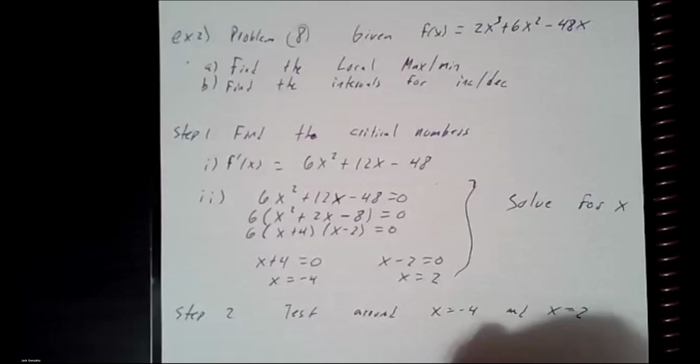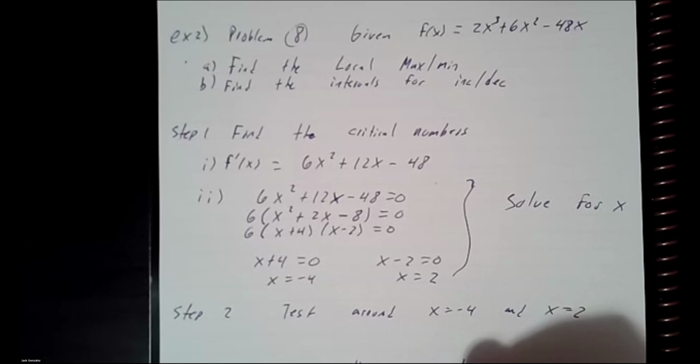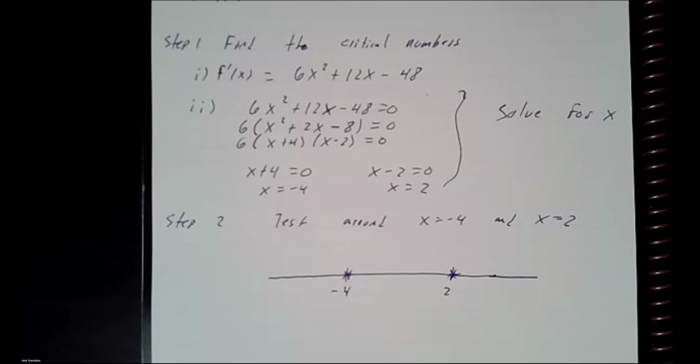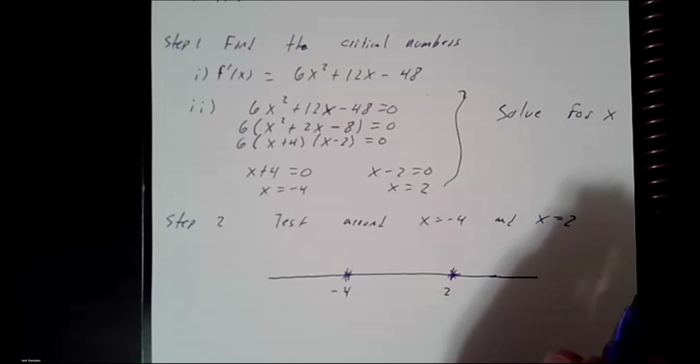And so here's my little line, -4 and 2. Okay, let's pick some easy numbers.